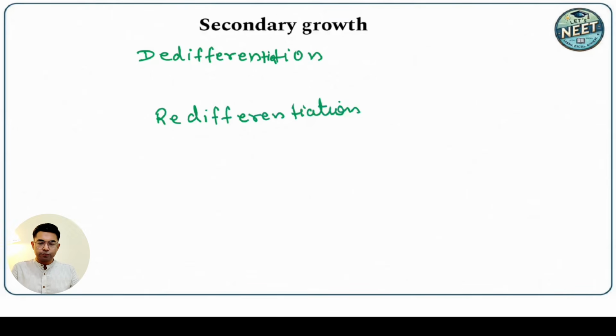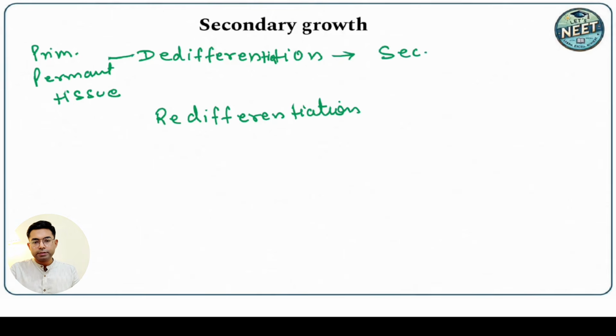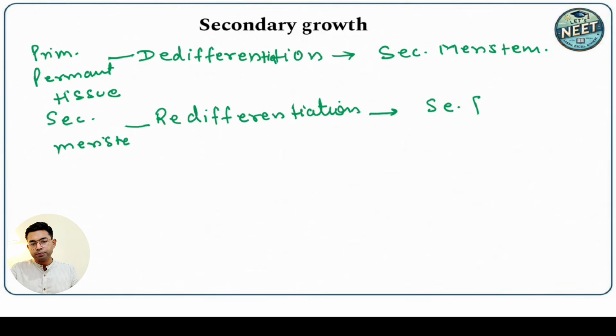We have just seen dedifferentiation means the primary permanent tissue will become secondary meristem, right? And when this secondary meristem becomes secondary permanent tissue, this is the secondary growth.